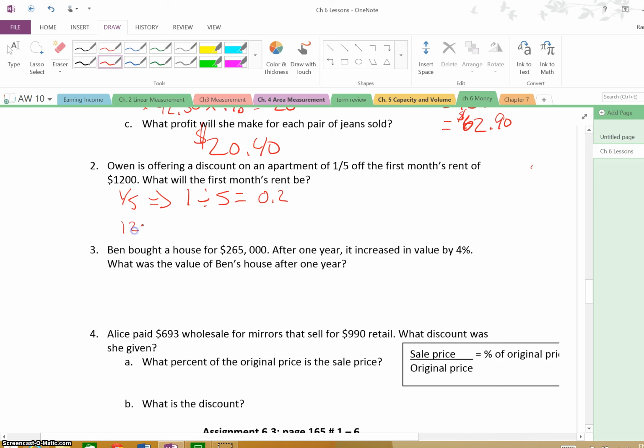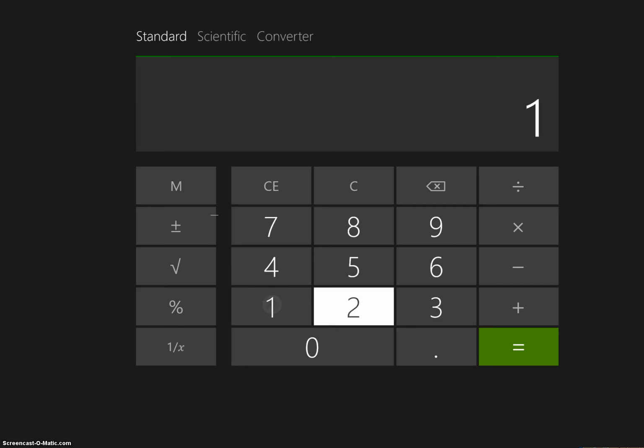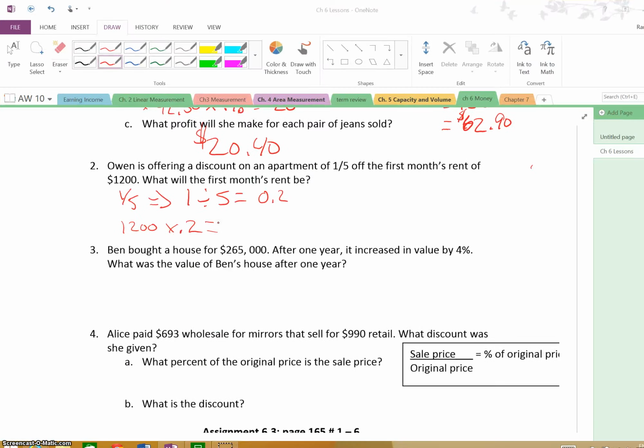Then I'm going to take the rent and multiply it by 0.2, which is 240. So the discount is going to be $240. So what will the first month's rent be? I'll take the $1,200, subtract the $240, and that's going to be $960 for the first month.